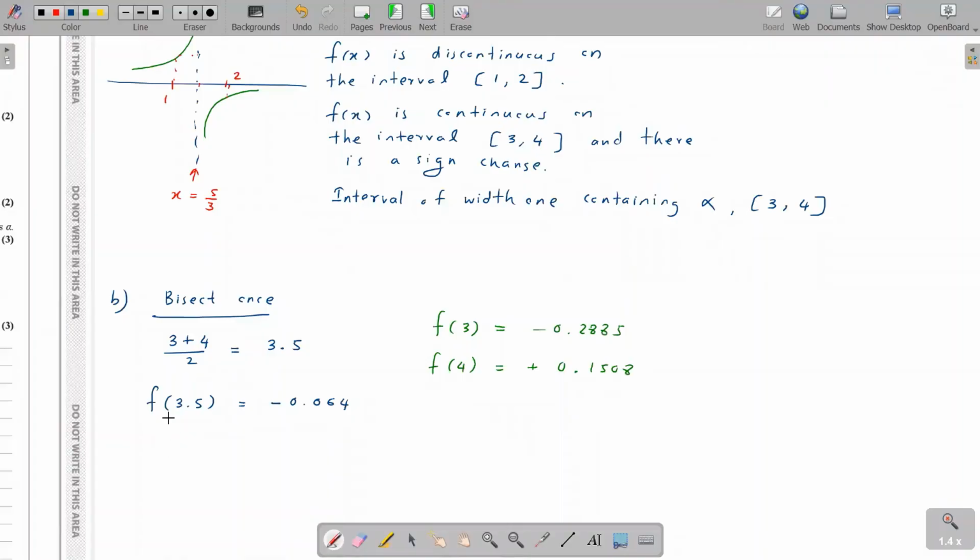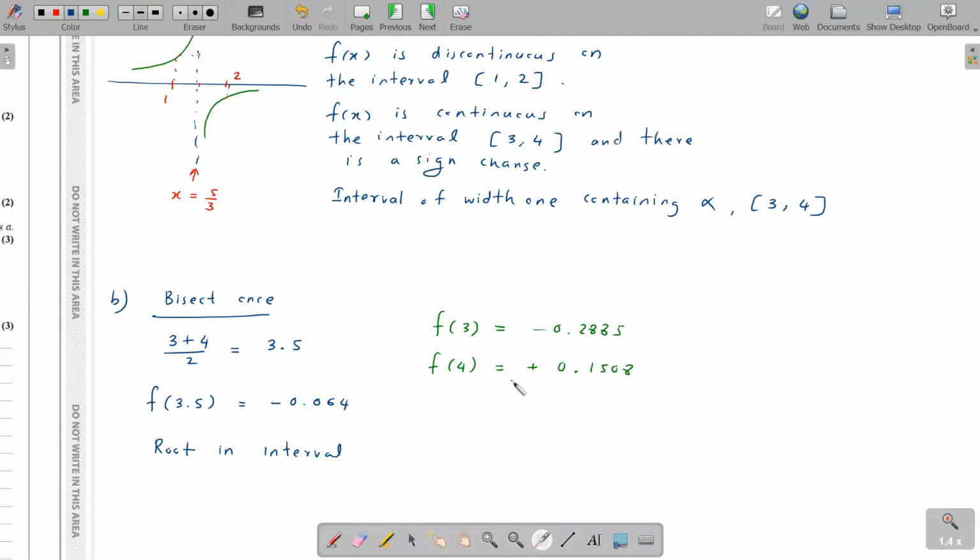Now what's the new interval, after the first bisection? The root is in which interval? The interval must always contain a sign change, right? The new value after the bisection, 3.5, gives a negative value for y. The other value should be one of the previous values, either 3 or 4.